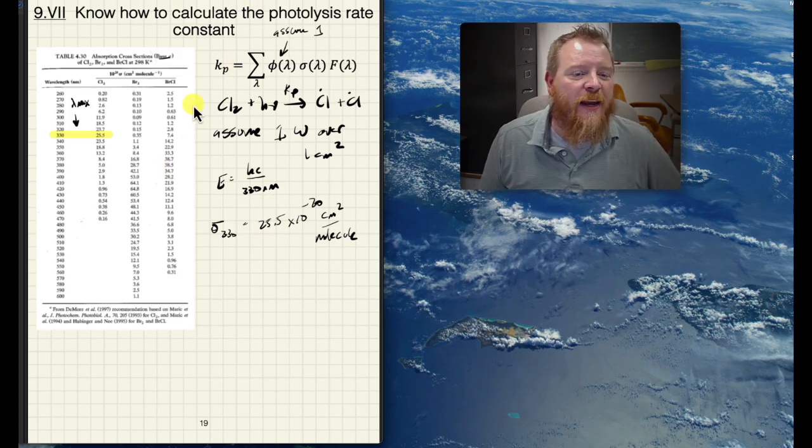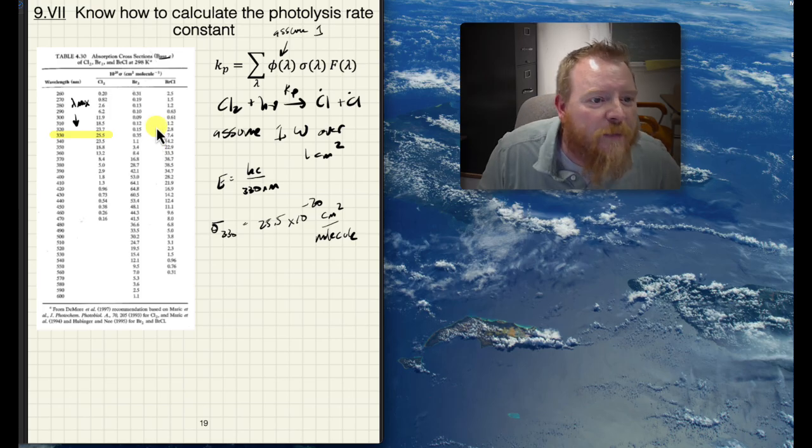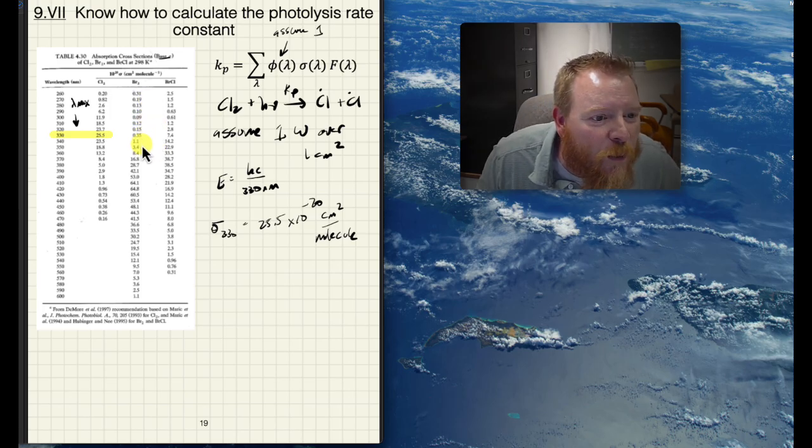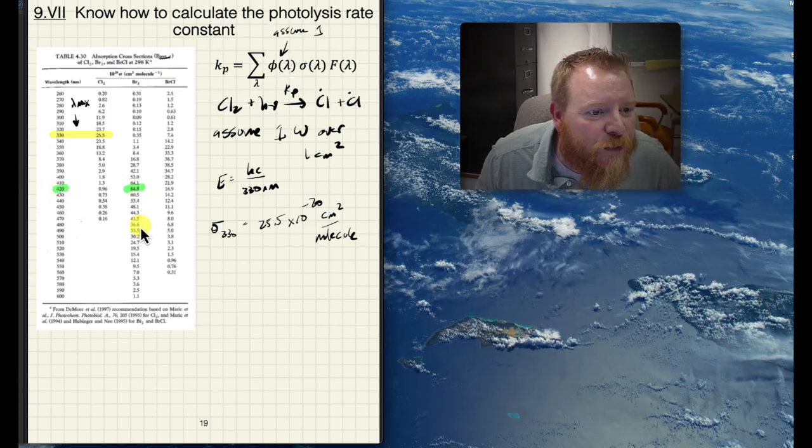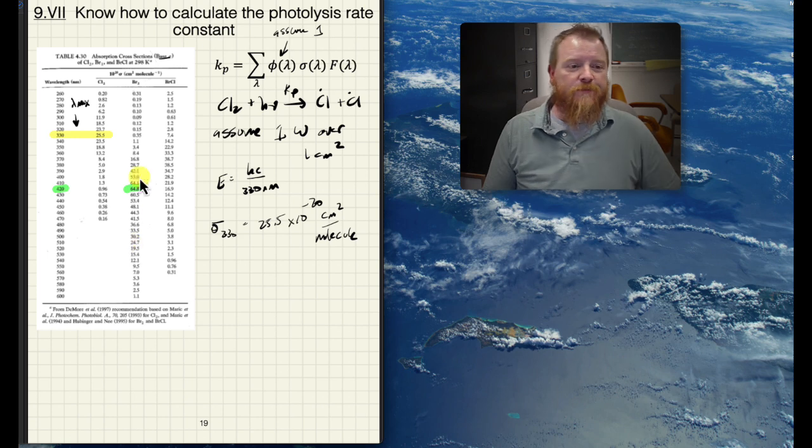So let's say we wanted to also do this for bromine, right? If I'm now scanning across, hopefully what we can gather is we wouldn't necessarily pick the same wavelength. We'd have to pick the lambda max for bromine. Scanning across for bromine, we can see that that's occurring right around 420 nanometers. So we would have a different lambda max there.